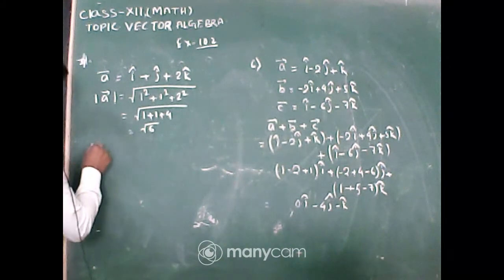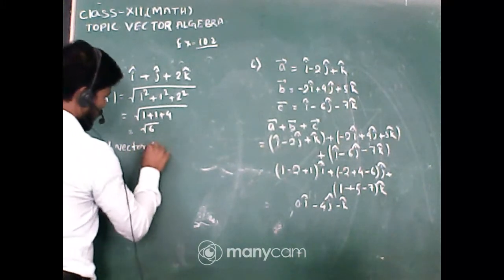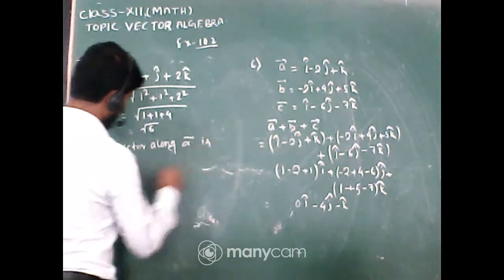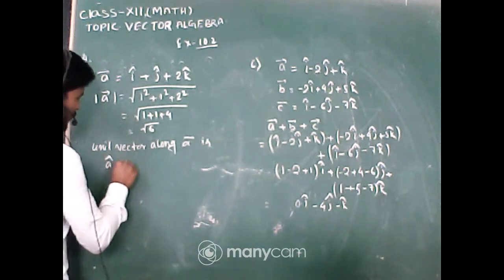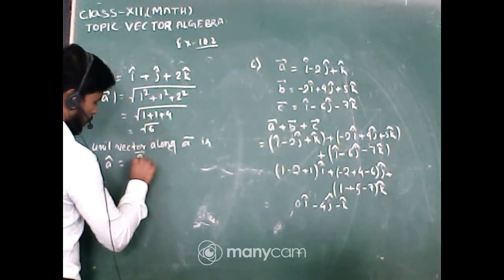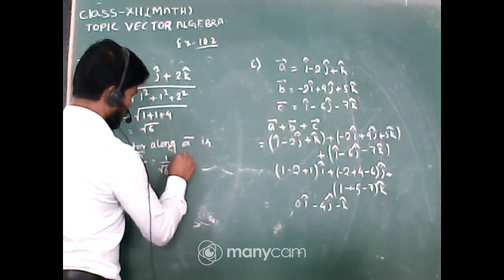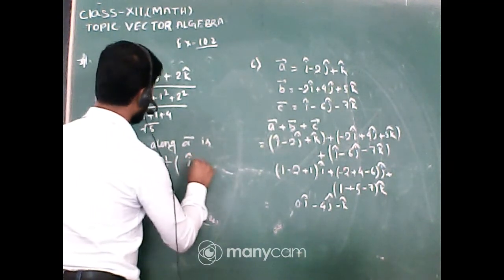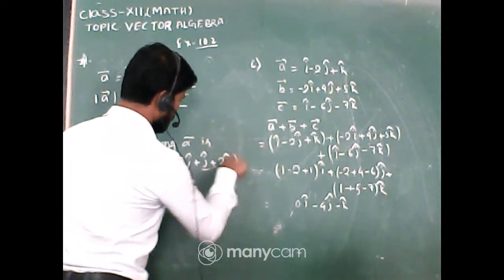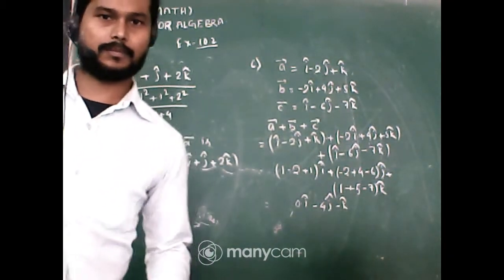So the unit vector along A vector is denoted by A hat is equal to A vector by mod A. That means 1 by root 6 of i hat plus j hat plus 2k hat. This is the unit vector along the vector A.